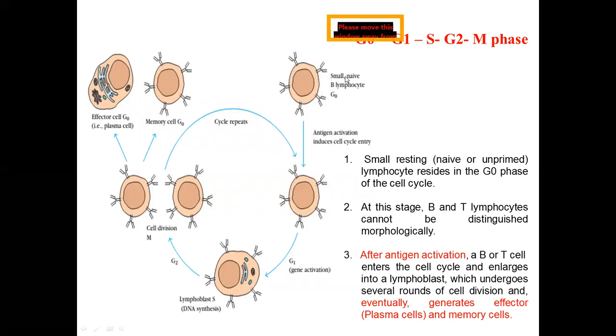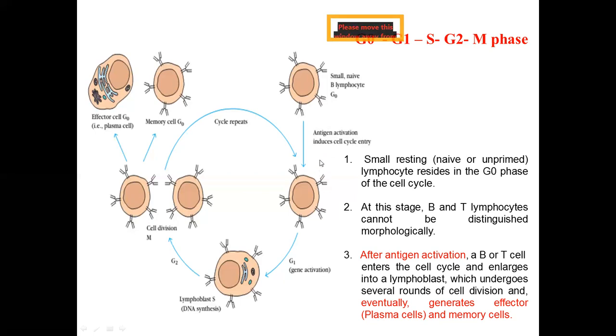The cell remains inactive, a small naive B lymphocyte in the resting phase of the cell cycle, or G0 phase. Once it encounters antigen, once the antigen matches with the membrane bound antibody of the B cell, the B cell gets activated.